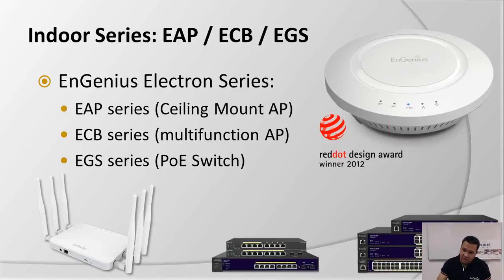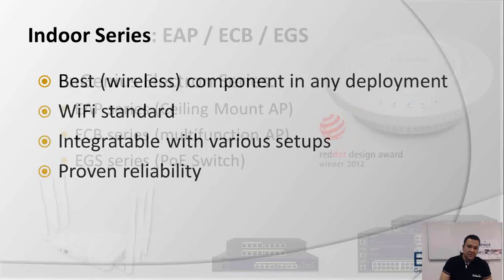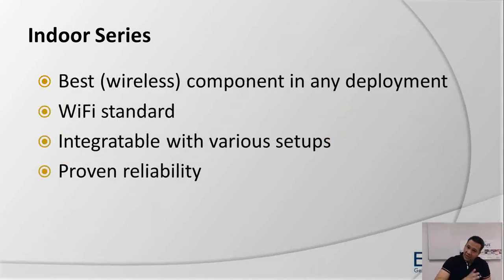Our EGS series are our PoE switches, and we have the ceiling mount access points and the multifunction access points. For indoor, we are quite confident and proud to say that we have the best wireless component in any deployment. We're using the Wi-Fi standard, and we have proven reliability. Once customers use EnGenius, they want to keep our products.